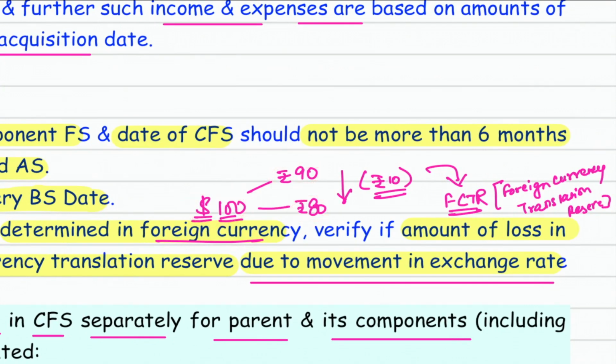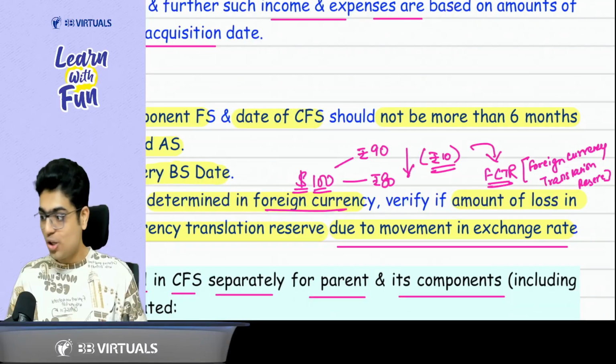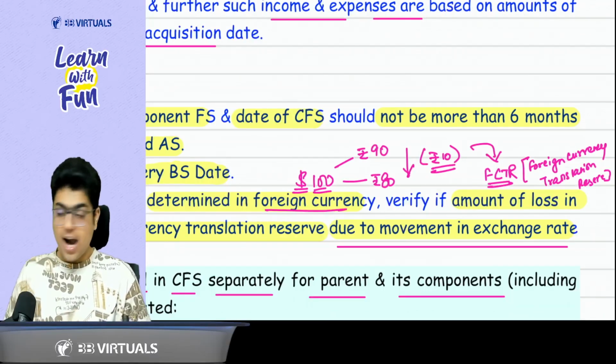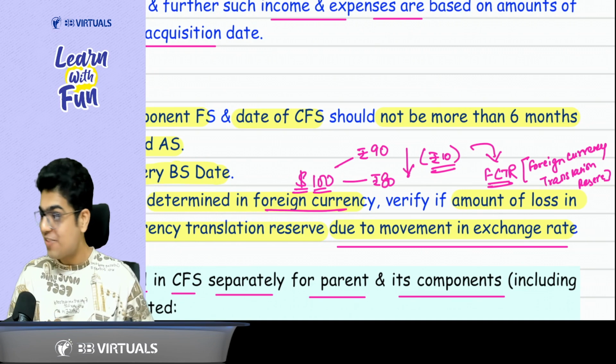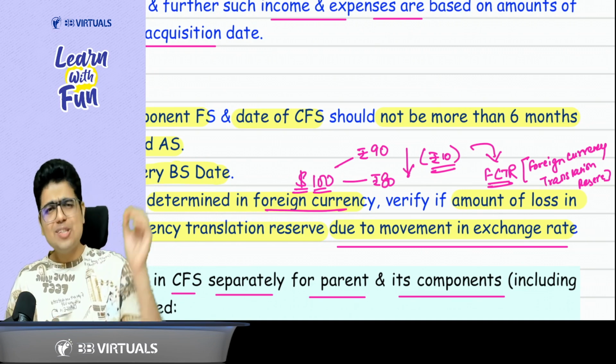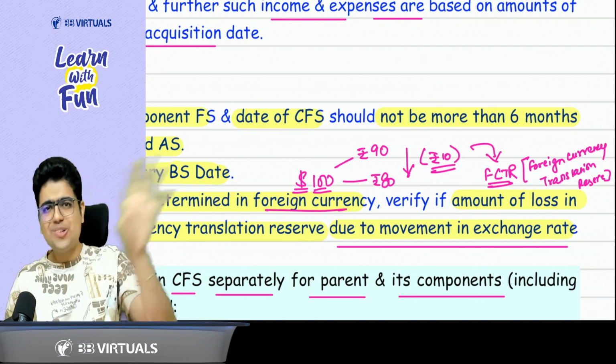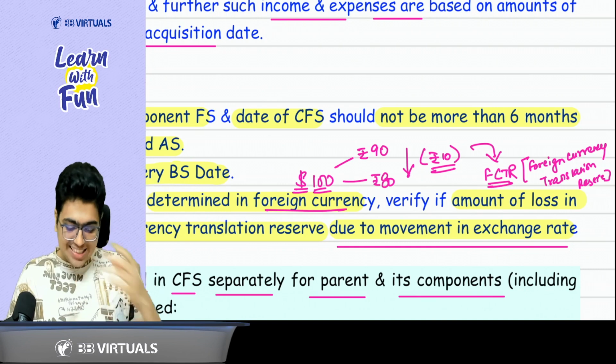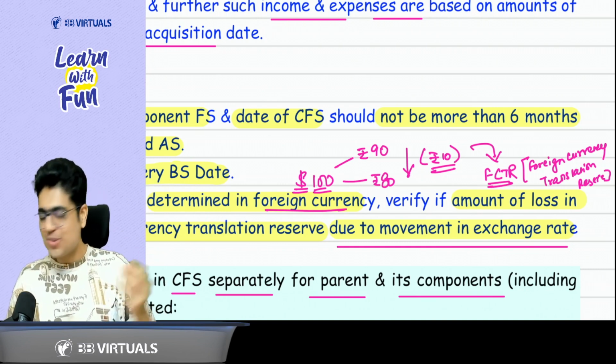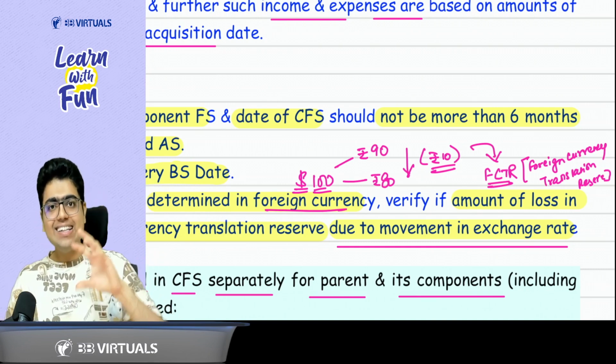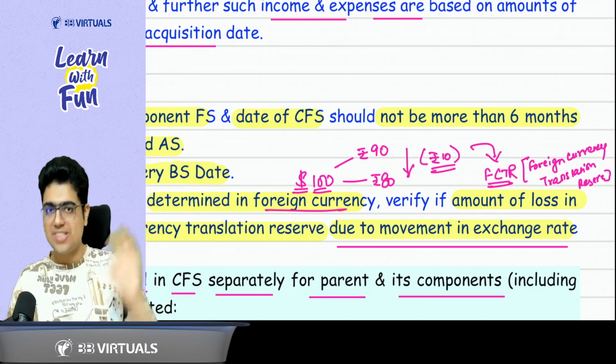Whenever there is a loss due to the exchange rate, it should be adjusted from FCTR. FCTR is foreign currency translation reserve. Sir, are we sitting in the audit class or FR class? Arey Baba, these small things you just need to read. Don't need to spend too much time here. So just remember that whenever there is a loss due to movement in exchange rates, you need to adjust it from the FCTR reserve.